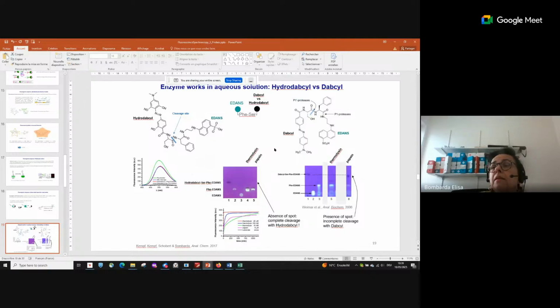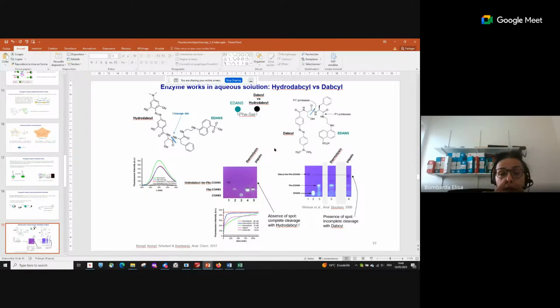So that means the product has to be hydrophilic enough for being released. They must not be scared to go back in the solution. Actually, they have to be favored to go back to the solution, because if they don't do this, they don't free the active site, and then the enzyme is blocked.